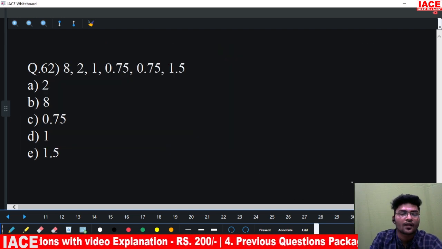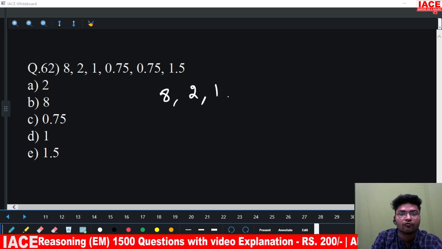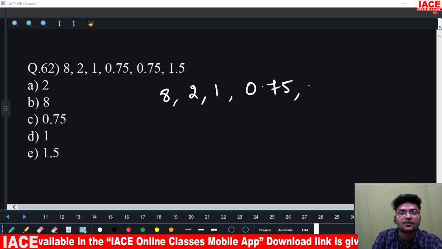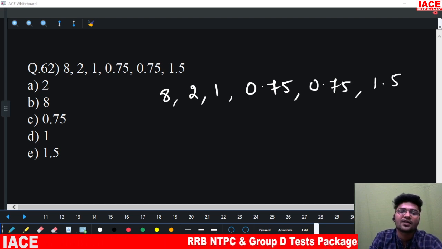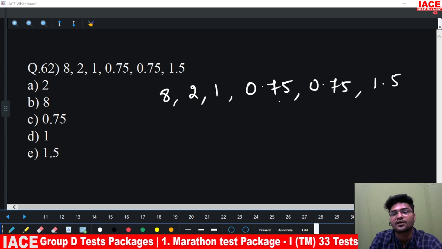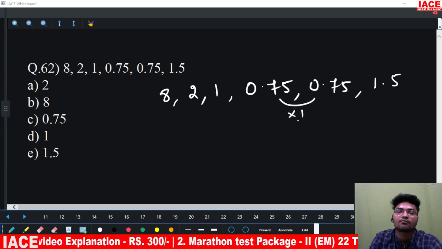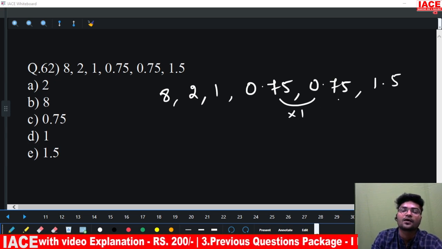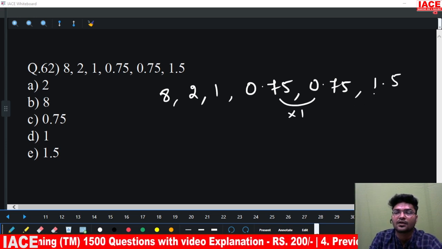Next question. 8, 2, 1, 0.75 and 1.5. Whenever I have 0.75, it is most commonly a multiplication of a sequence. From 0.75 to 1.5, you will see some multiplication like into 2.